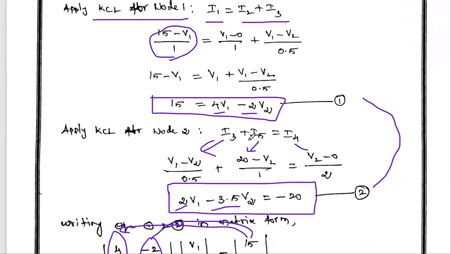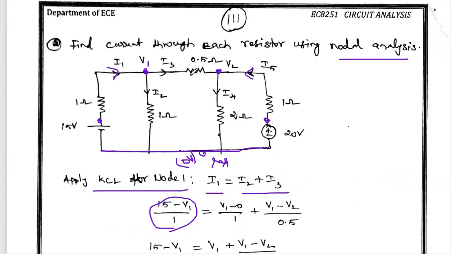The same problem we can solve using mesh analysis also. In nodal analysis, we get only 2 nodes, so we get 2 equations to solve. But if you are solving this problem in mesh analysis, this is mesh 1, mesh 2 and mesh 3. So we have to write KVL equation for each loop, so there are 3 KVL equations.